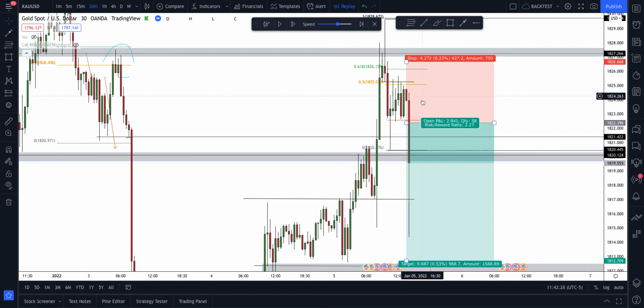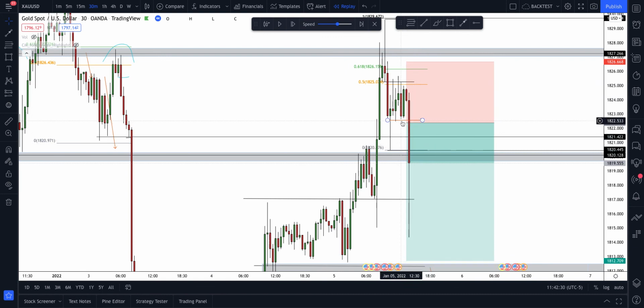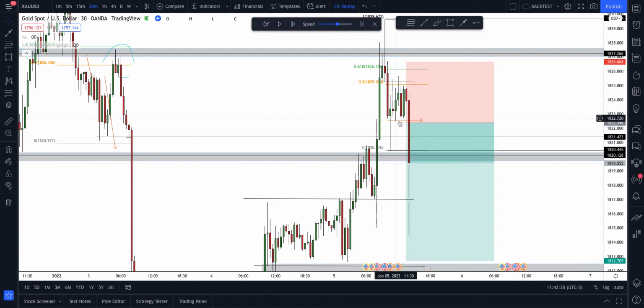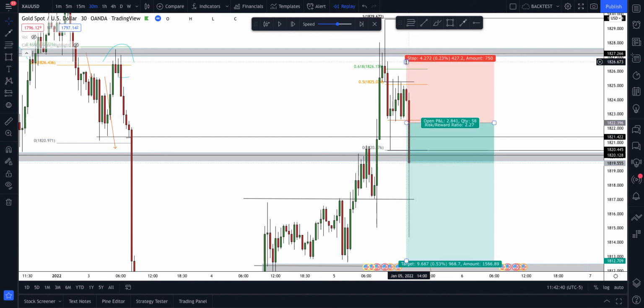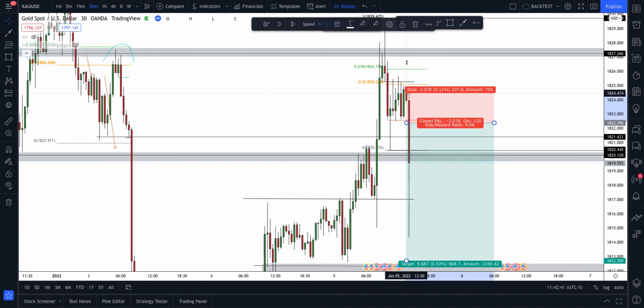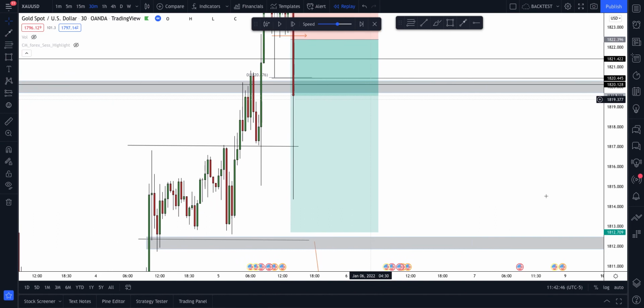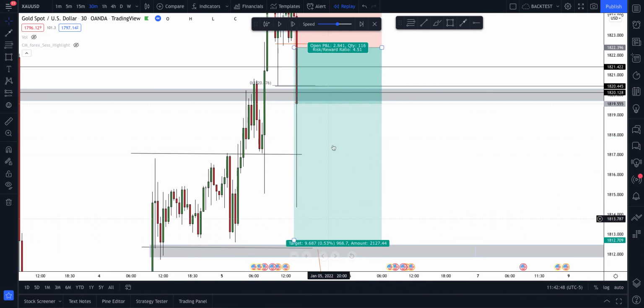Look, price broke through here. This is the safest entry, right? So once price is breaking this previous support, you can do this. Could have done this. This is literally perfect, right?